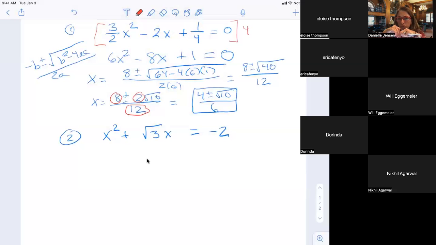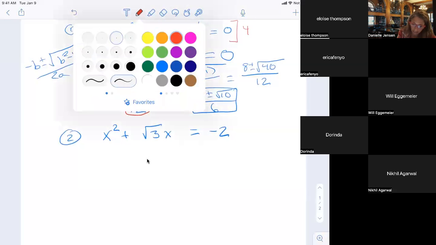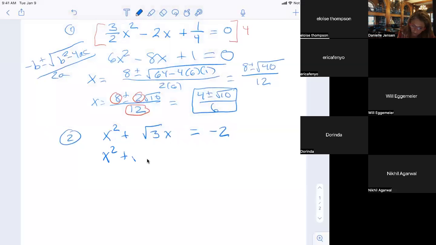Instead, because there's only a number under the square root, we can just use the quadratic formula. Let's bring everything to one side, because only that number root 3 is under a square root. In the quadratic formula, a is 1, b is root 3, and c is 2.